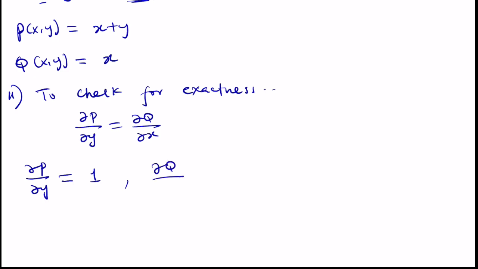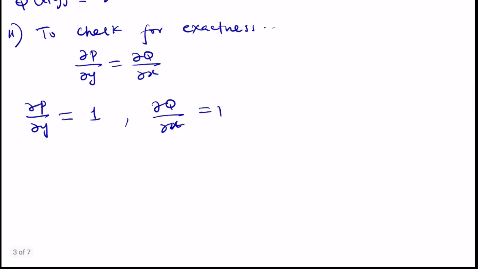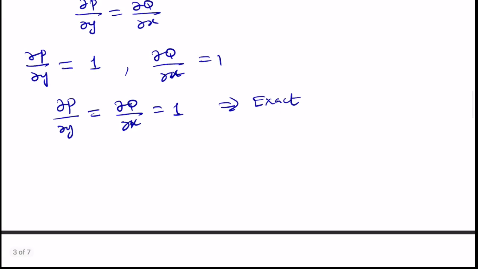Therefore, the partial of q with respect to x is 1. So we have proven that they are equal, which is equal to 1. Therefore, the equation is exact. Now we have to solve it. We have to find the solution to the exact differential equation.